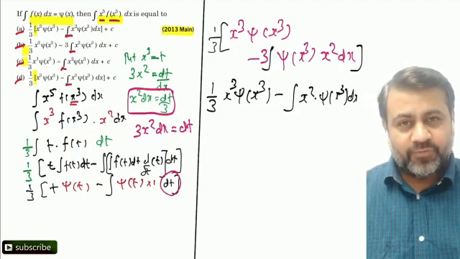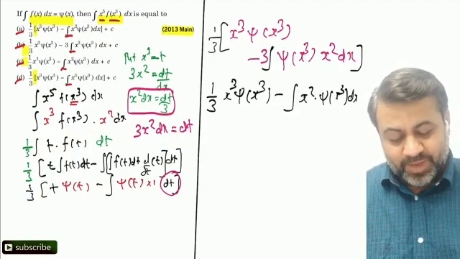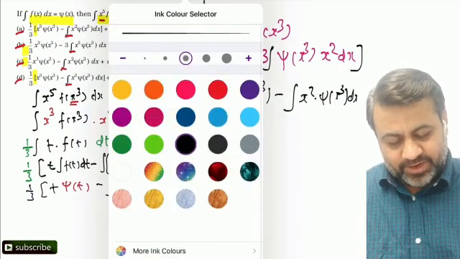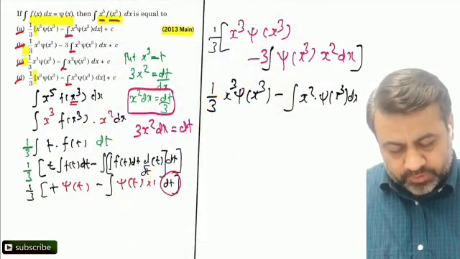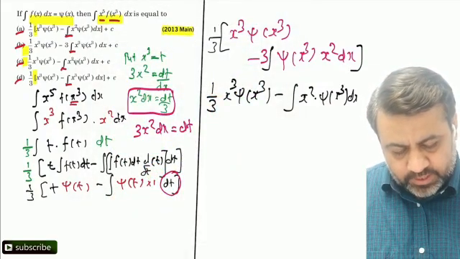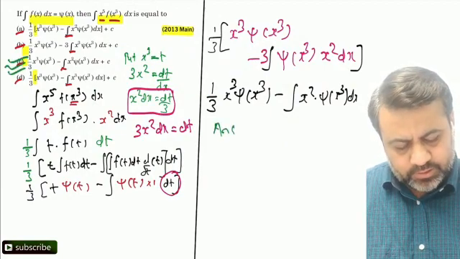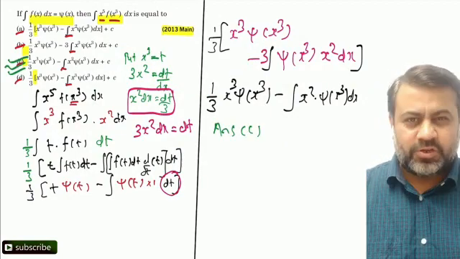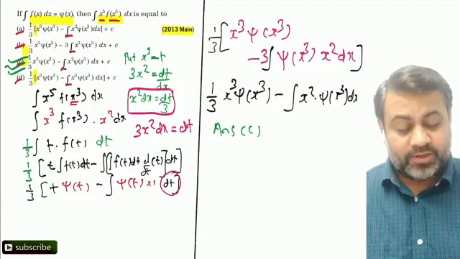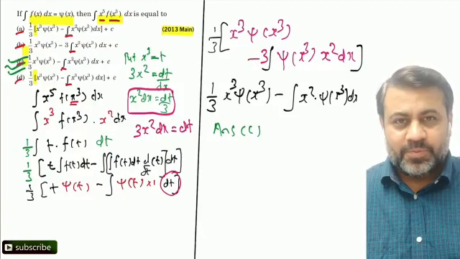And if you observe, this actually matches with my answer, right? This matches with option number C. So the answer here is option number C. Just be a little bit careful with the brackets and you can get this very easily. Make sure you learn it in the right way.